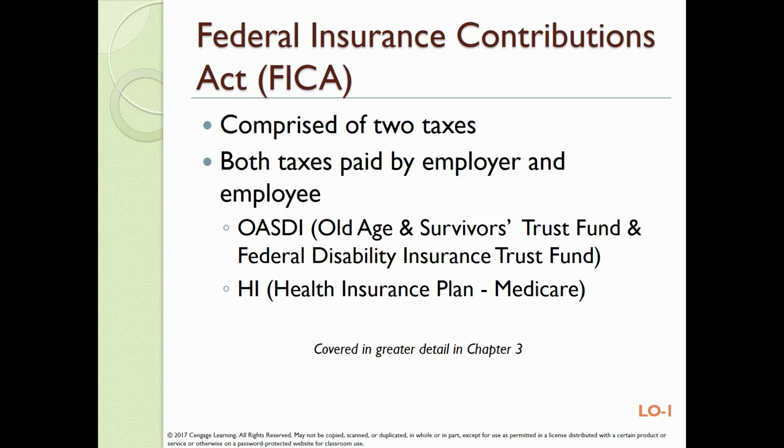I make $200 million with my stock options. I pay 1.45% on the whole thing. And if I'm single, everything I make over 200 grand, I pay an additional 0.9 on. So that pops me up to 2.35% on everything over my 200K, right?